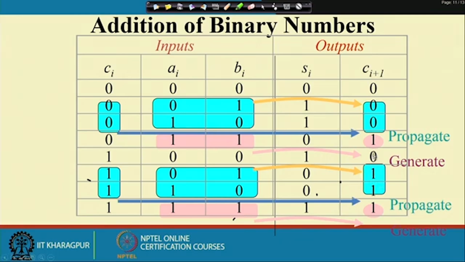So, that means for this particular case the carry is being propagated. Propagated means, based on this, if this particular combination happens, at that time based on this carry input bit, the carry output bit will be selected, whether that is 0 or that is 1.